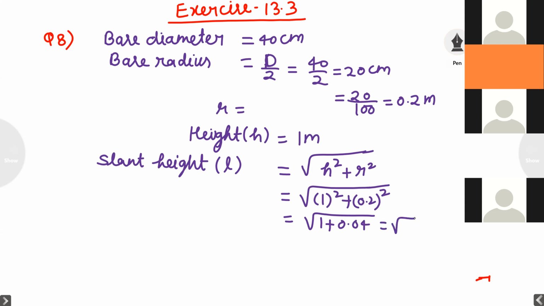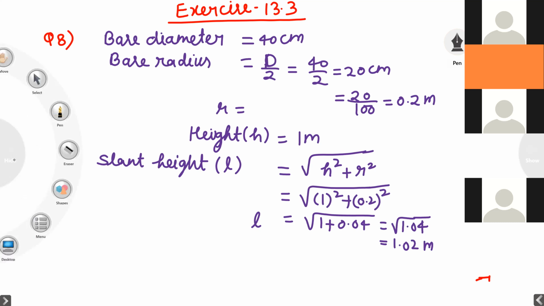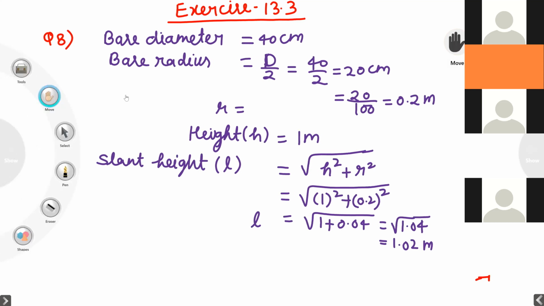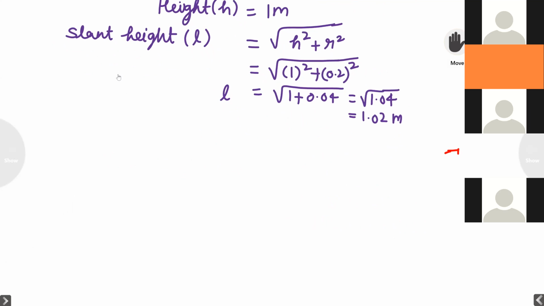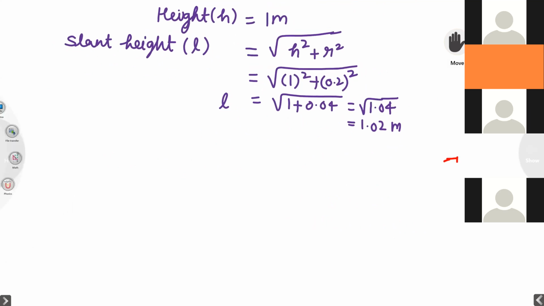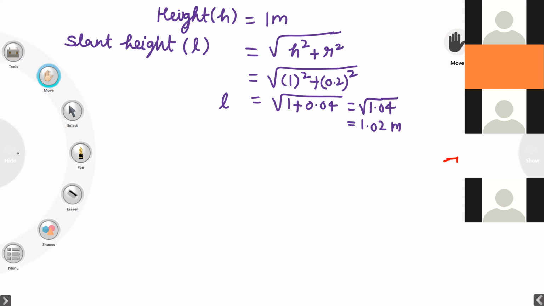When we are adding, 0.04 plus 1 means 1.04. And this value already he has given, 1.02 meter. We got its slant height also. Height is 1 meter. Slant height is 1.02 meter.